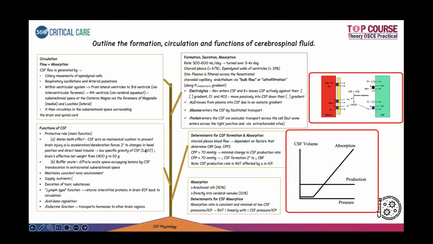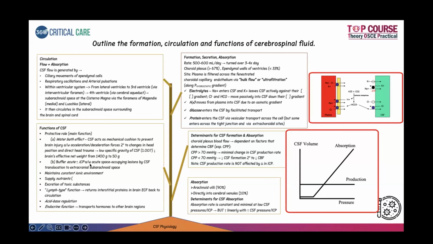Because of the low specific gravity of the CSF, 1.007, the effective brain weight is reduced from 1400 grams to 50 grams. When the brain floats in the CSF, the weight of the brain gets less, so if there is an acceleration or a deceleration process, there is less impact on the brain. It works as a buffer for pressure.